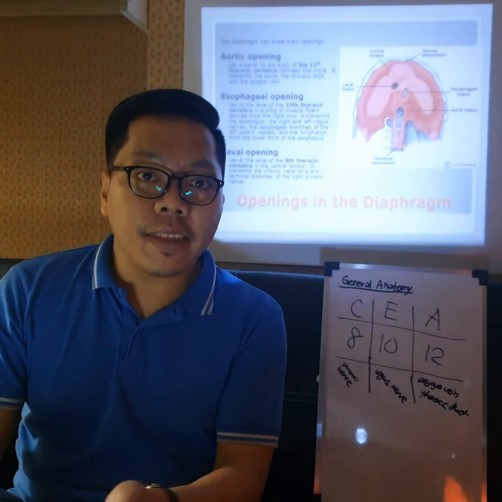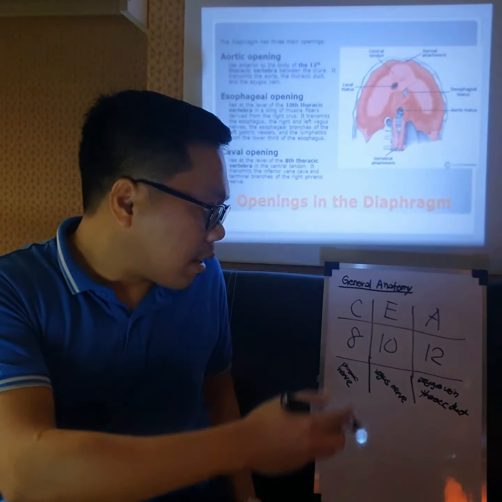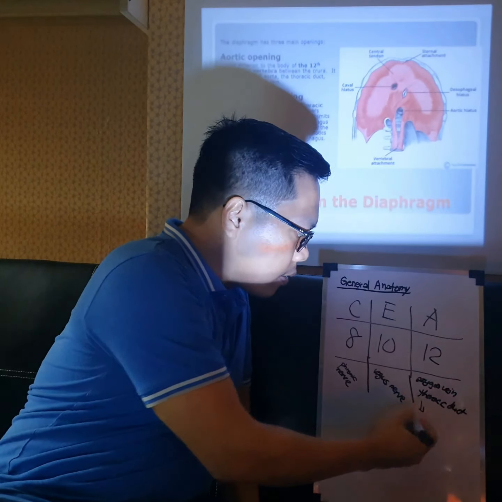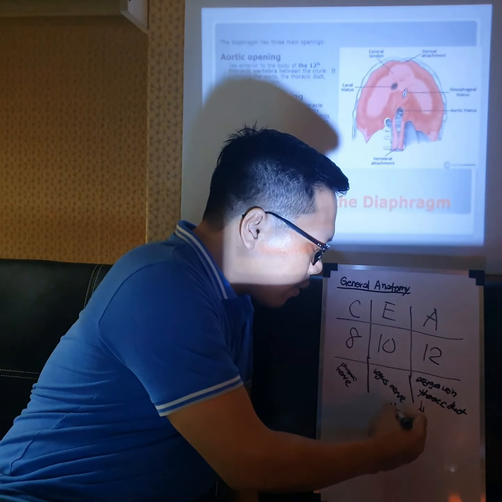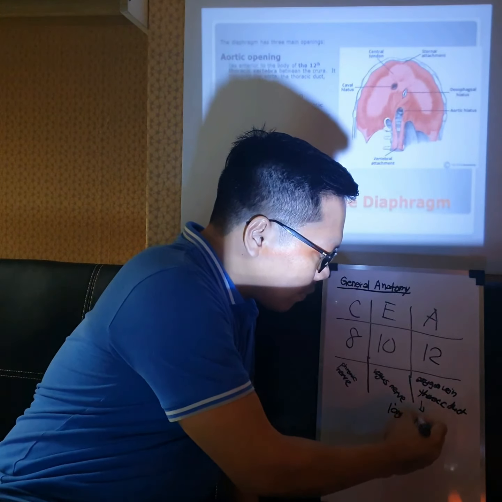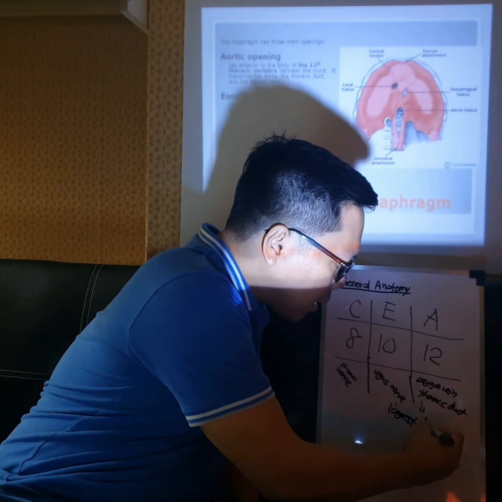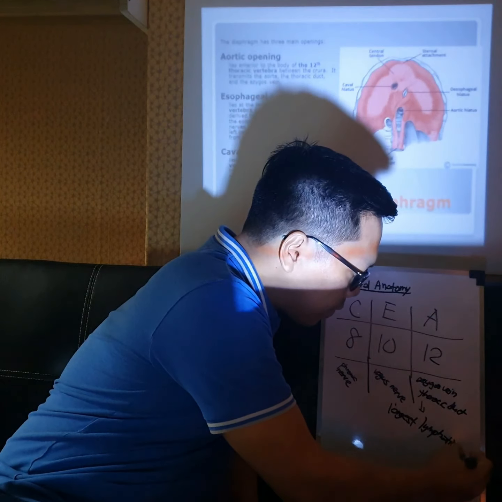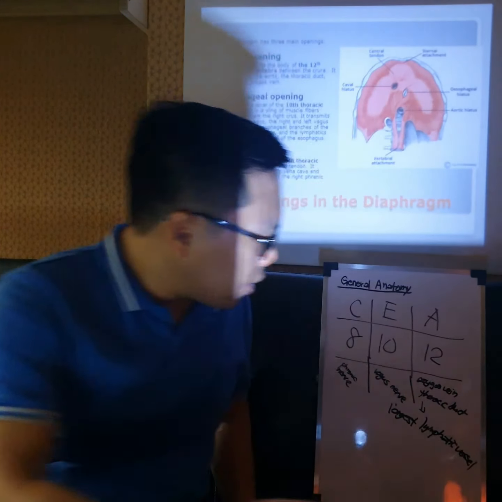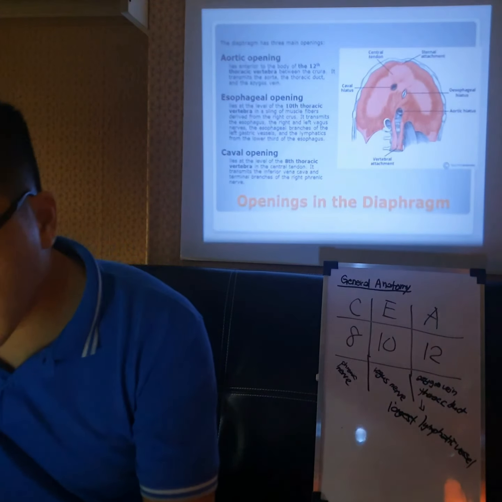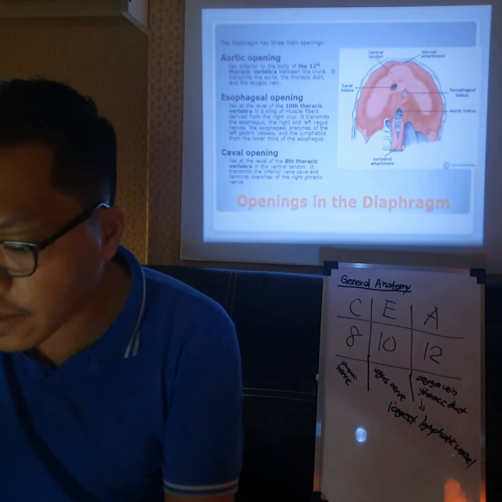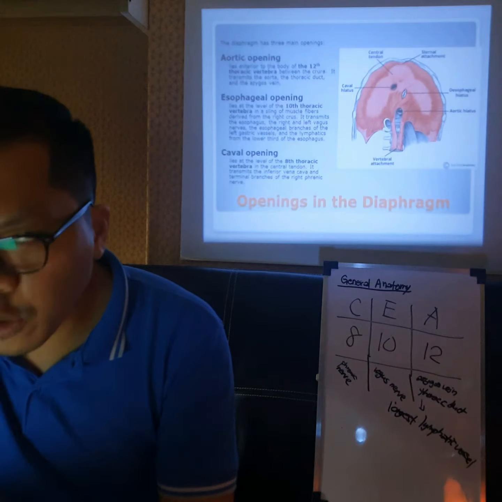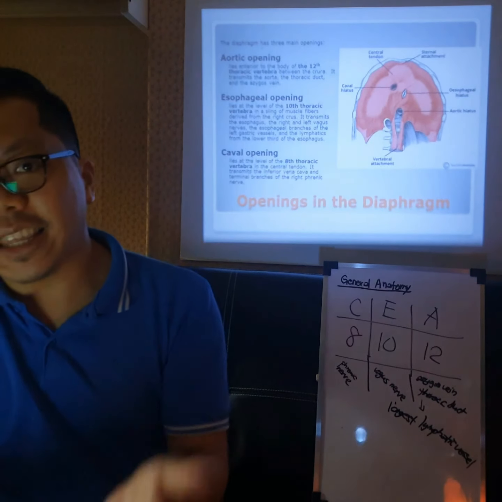Please take note that the thoracic duct is actually the largest lymphatic vessel. Okay, once again, please take note the thoracic duct is actually the largest lymphatic vessel. And ano ba yung dinedrain niya? Okay.